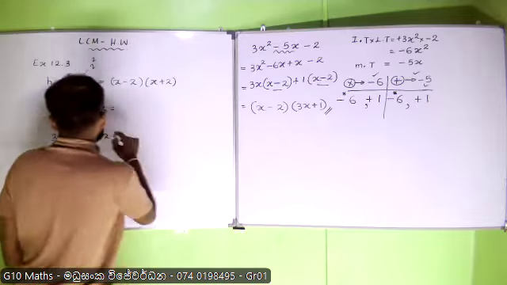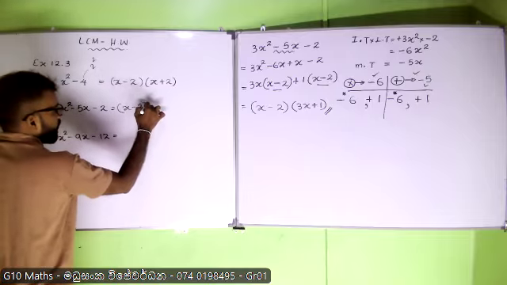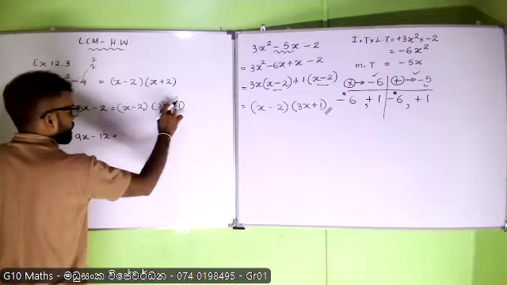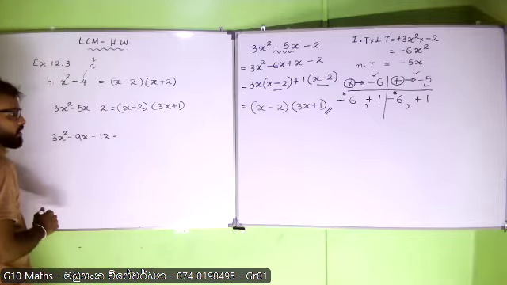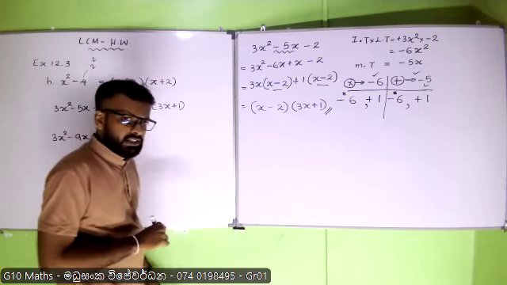So this is the factorization of this guy: x minus 2, 3x plus 1. Right. I will factorize this. So how am I going to factorize?